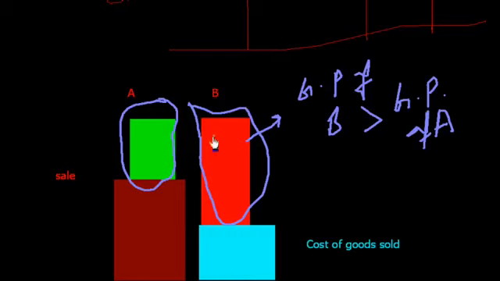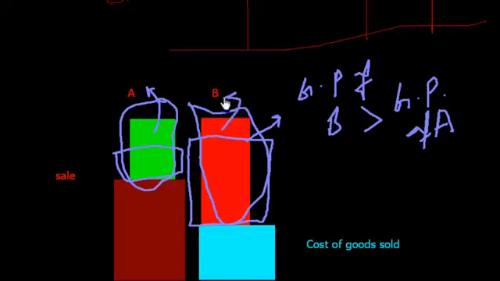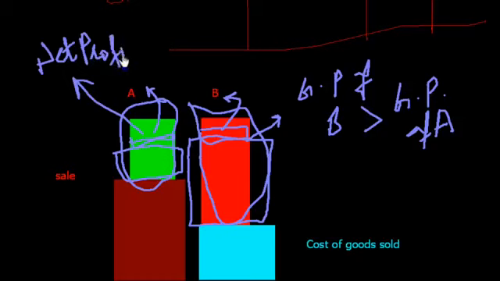its other operating expenses. Suppose operating expenses are about this, and operating expenses of A are less, so operating profit of A is better than operating profit of B. It means A's net profit is more due to decreasing operating and non-operating expenses.